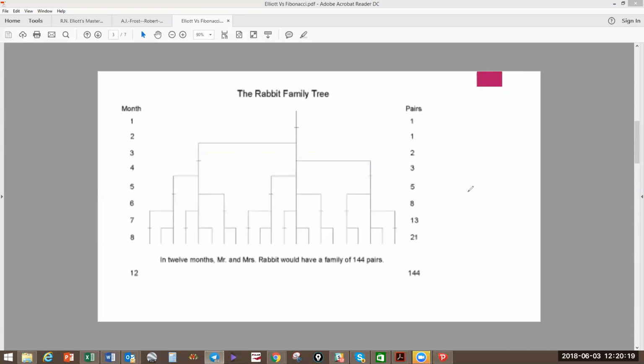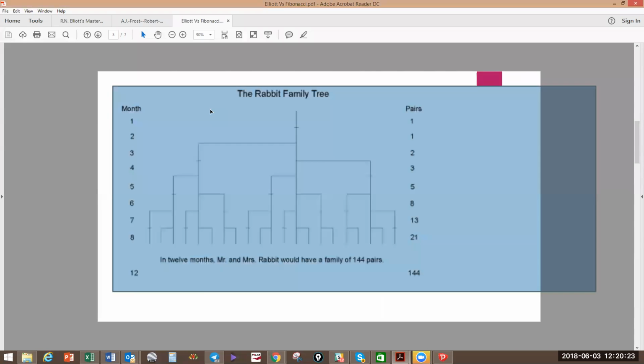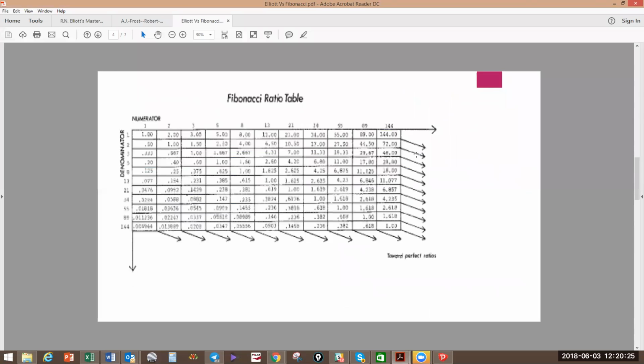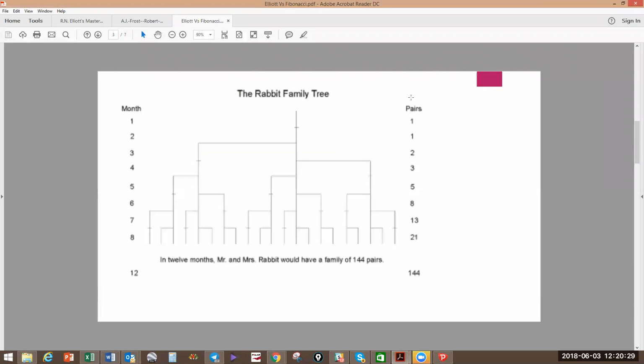So these numbers, you find them on this Fibonacci ratio table. But before we even go to that table, just look at something interesting here.